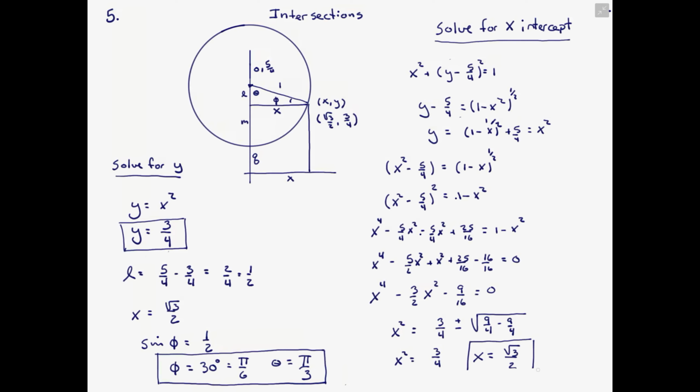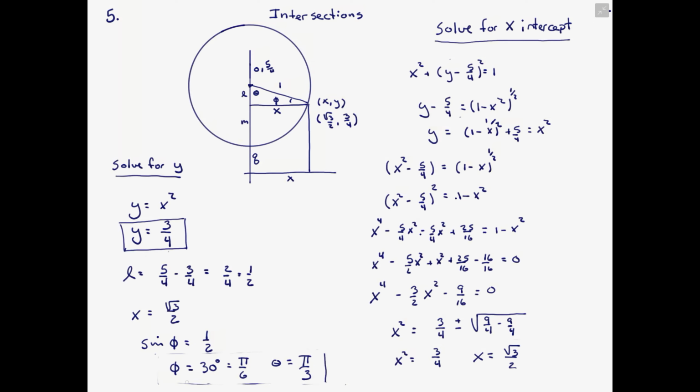And by doing a little bit of algebra and using that relationship that we had found, that b was equal to 5/4, using the quadratic equation, I was able to solve for x, and x happens to be the square root of 3 on 2.